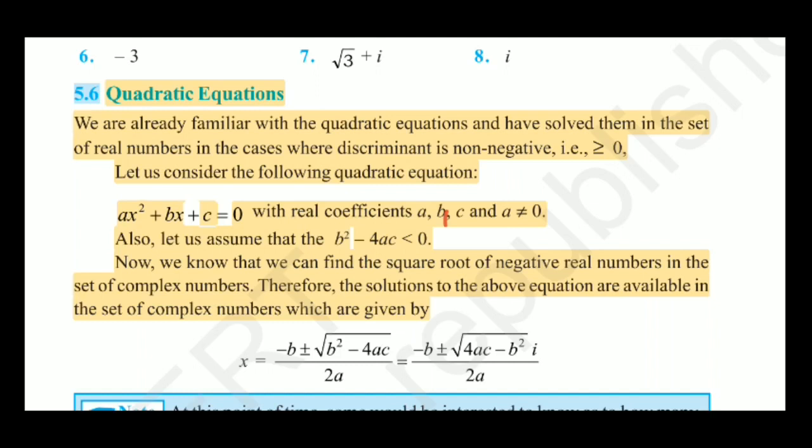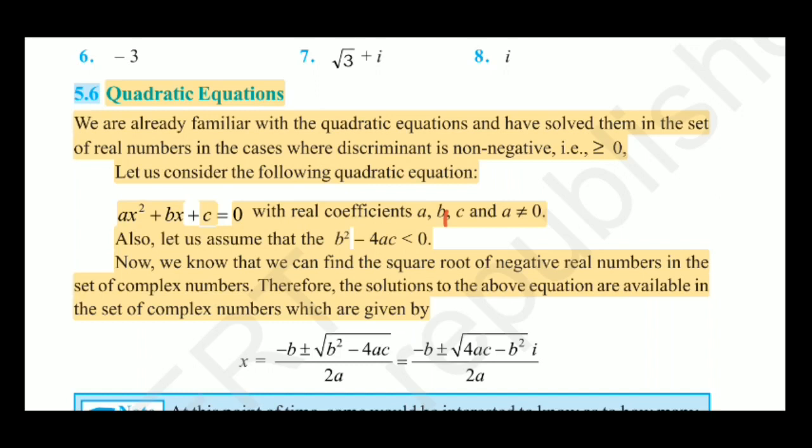Now you can see clearly what they have written here. Suppose we have a quadratic equation ax square plus bx plus c equal to 0 with real coefficients a, b, c, and a is not equal to 0. Also let us assume that b square minus 4ac is less than 0. We know that we can find the square root of a negative real number in the set of complex numbers.